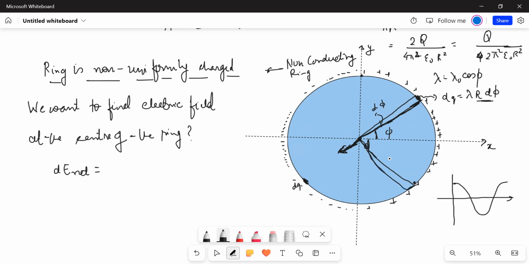Okay, again small d phi. So what will happen? It will push in this direction. So your net electric field would be in the horizontal direction, isn't it? So net electric field will be in this direction. And what will it be? It will be simply dE cos phi.